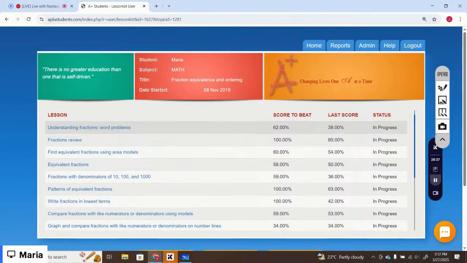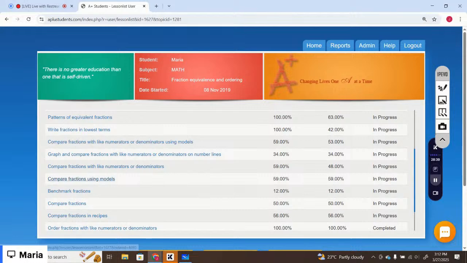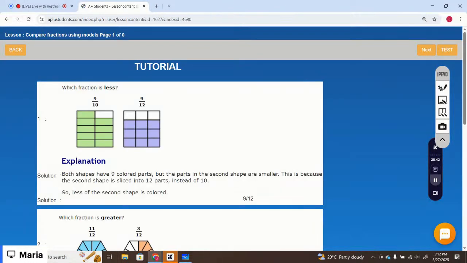The next lesson is compare fractions using models. Comparing fractions with models is really easy. The fraction that has more portion colored than the other one is the greater fraction.